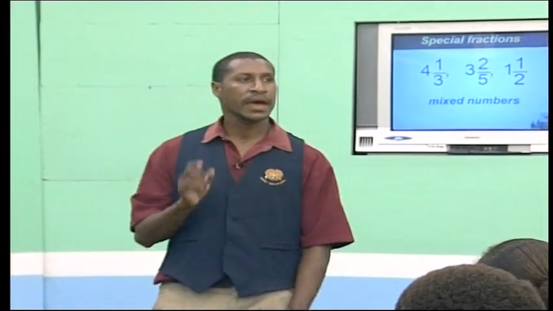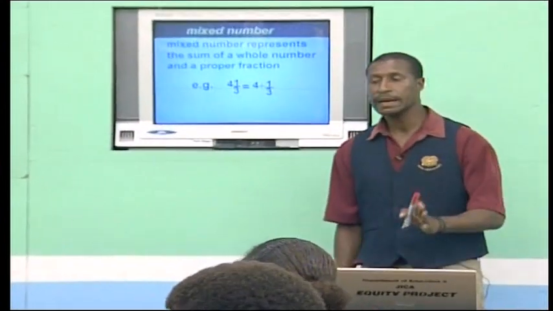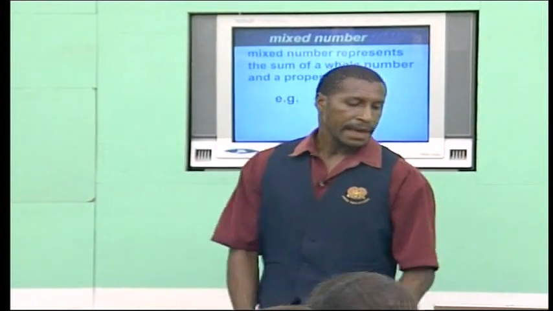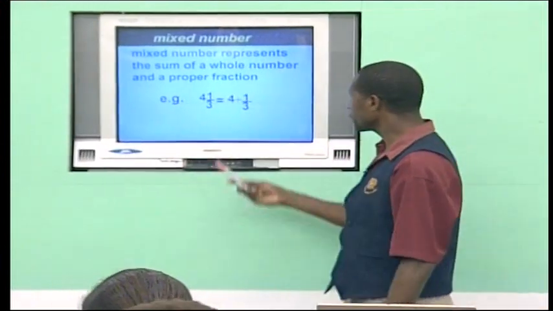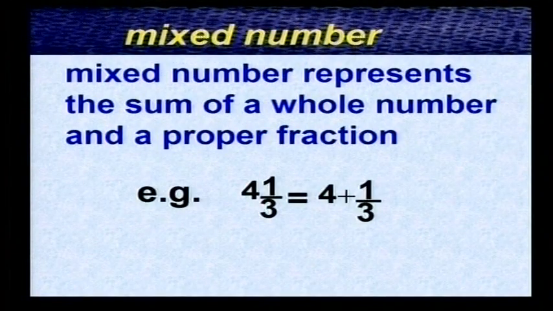Proper fraction. So every mixed number represents the sum of a whole number and a proper fraction, as you can see from this example. Example, 4 and 1/3 means 4, which is the whole number, plus a proper fraction, which is 1/3.